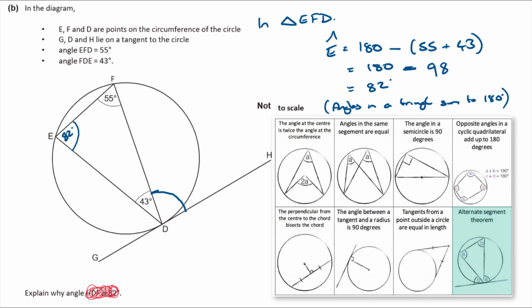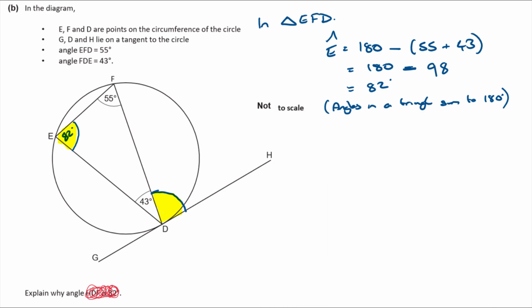In other words, this angle here, the angle between a tangent and a chord drawn at the point of contact, is equal to the angle in the alternate segment. It's this one here. So we can say straight away, therefore HDF is equal to 82 degrees, and the reason for that is the alternate segment theorem.